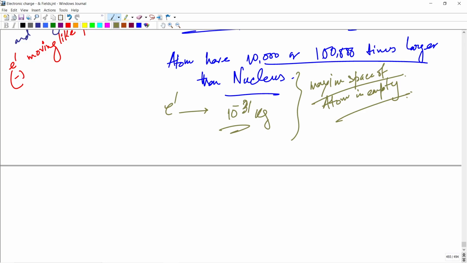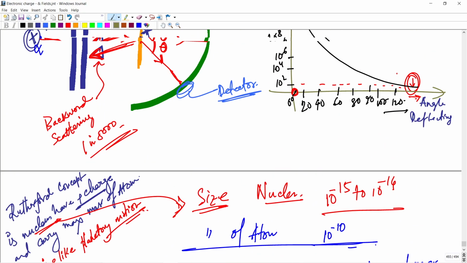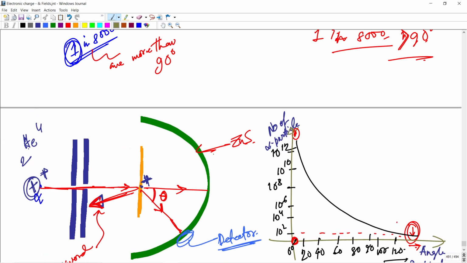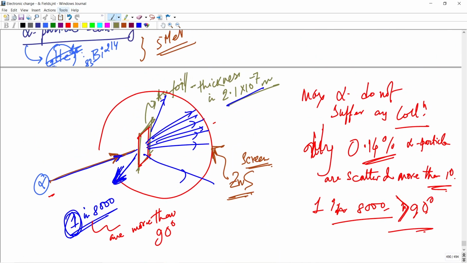So most alpha particles are not deflected.